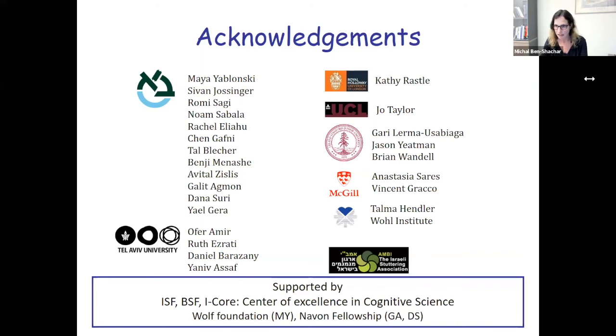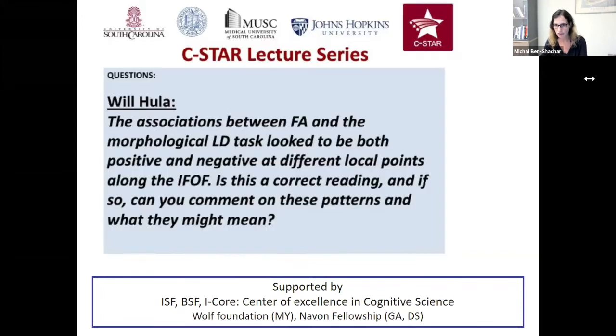I can see a question from Will Hula saying the associations between FA and the morphological lexical decision task look to be both positive and negative at different local points along the IFOF. Is this a correct reading? And if so, can you comment on these patterns and what they might mean?